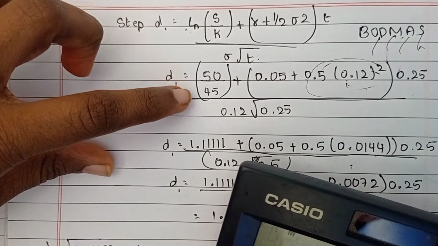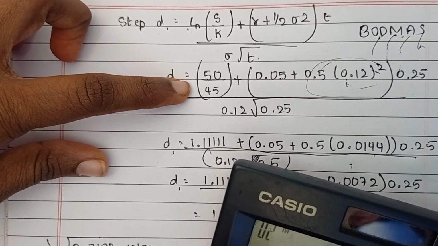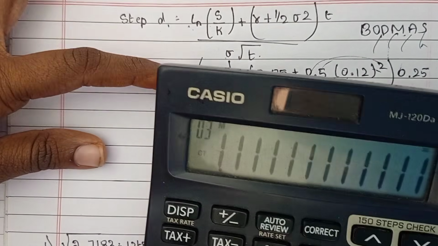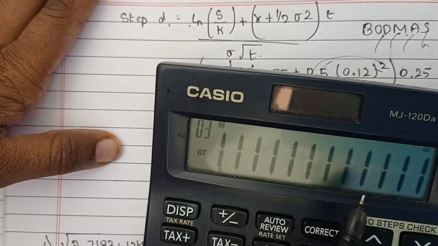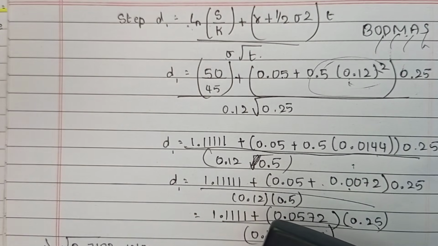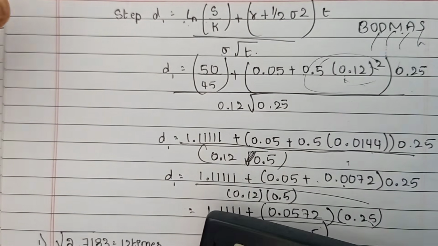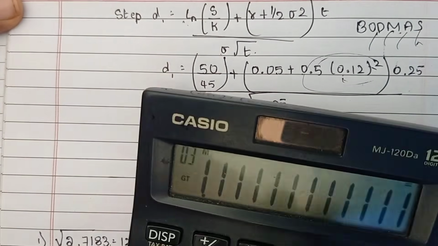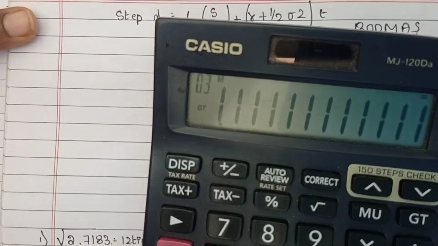Okay, next what we have to do is the second one. If we do 50 divided by 45, I have got 1.1111 something. Here I have written just 41 after the point. So if you want an accurate answer, again the entire thing you have to take.